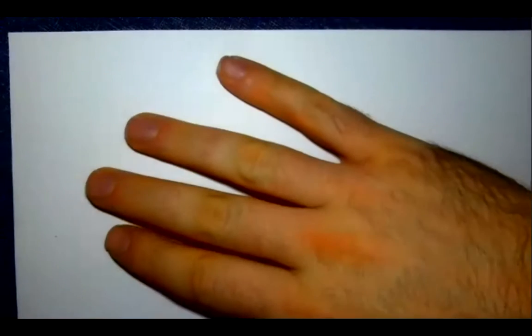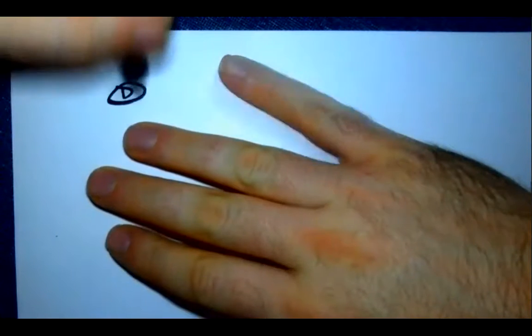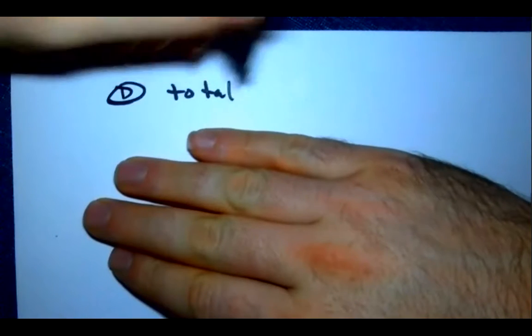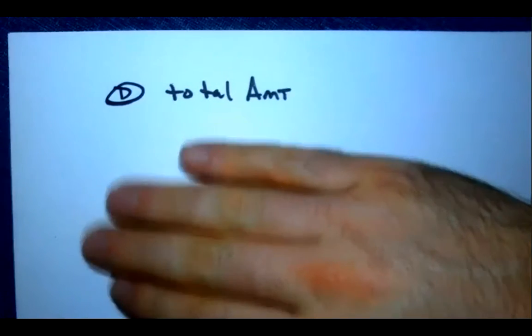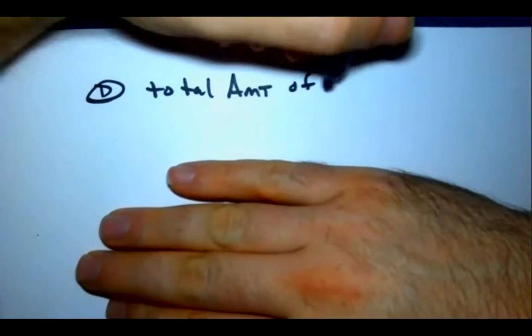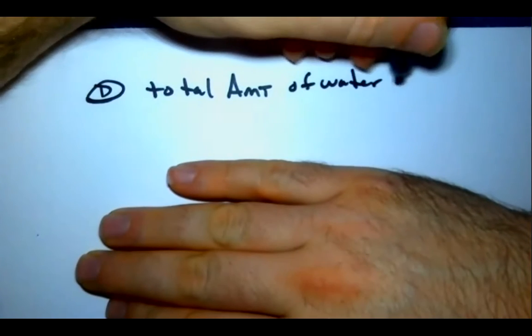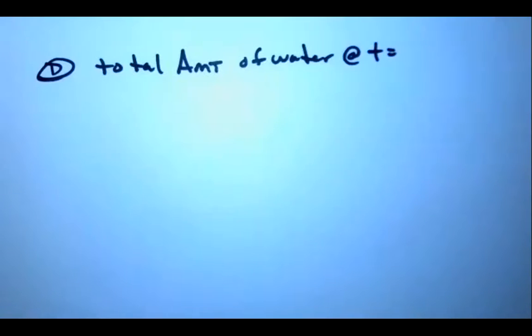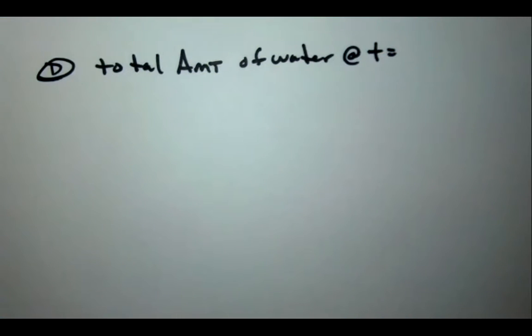All right, so let's take a look at part D. I'll go back for the official wording in a second, but more or less part D is asking for the total amount of water in the thing at t equals 9.